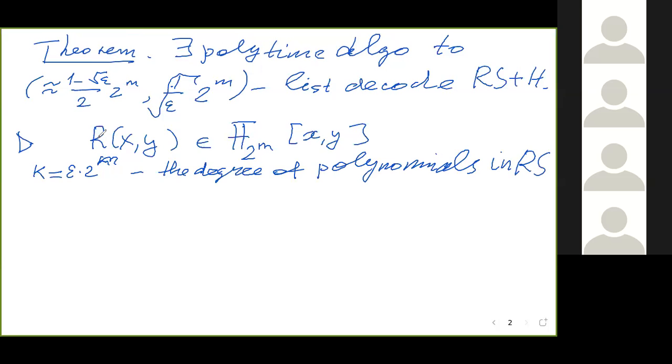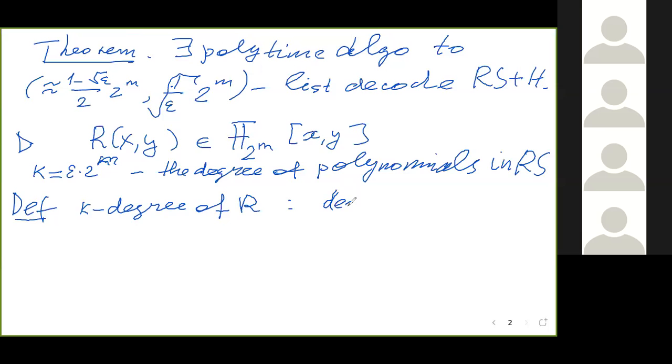And we call k degree of R is defined as follows. K degree of each monomial is equal to the degree of x plus k times the degree of y.